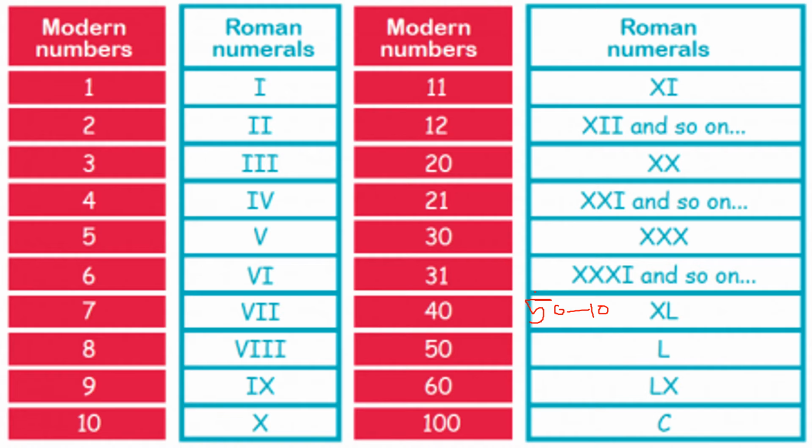And like I said, L is 50, and if a letter is after a letter, it means that they are adding. So L, 50, plus 10 is equal to 60, and 100 is C.